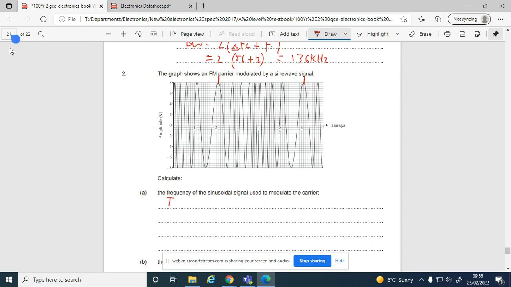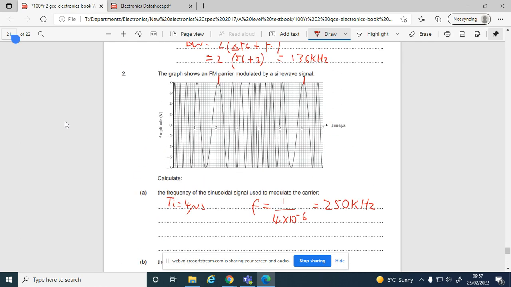So the time period for the information is 4 microseconds. Therefore the frequency is 1 over 4 times 10 to the minus 6, which is 250 kilohertz.